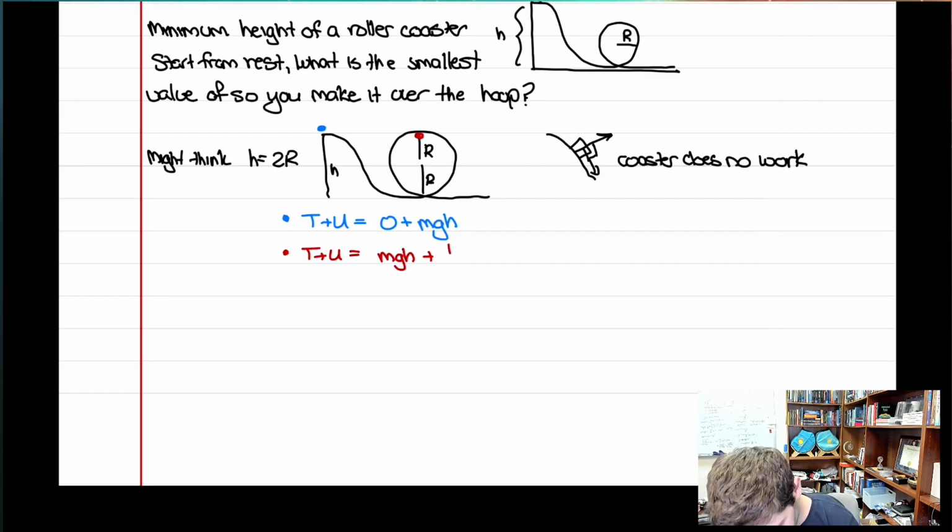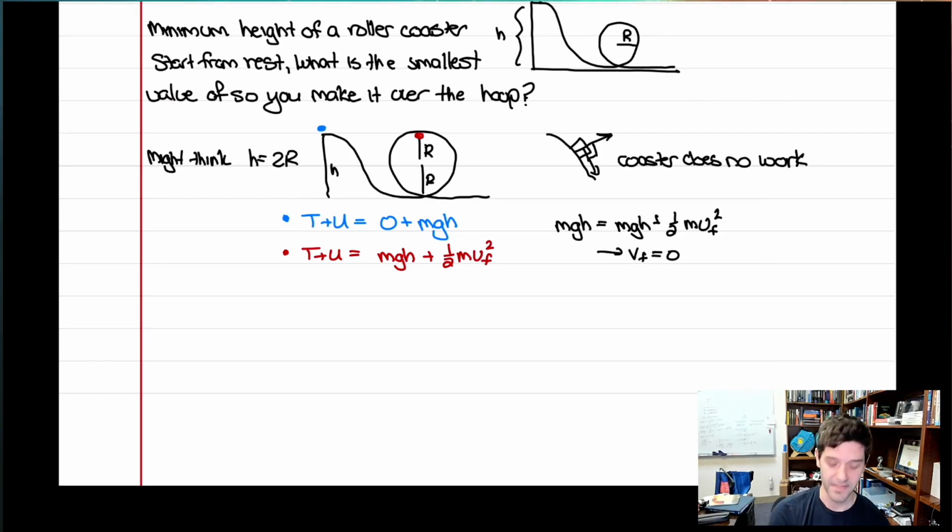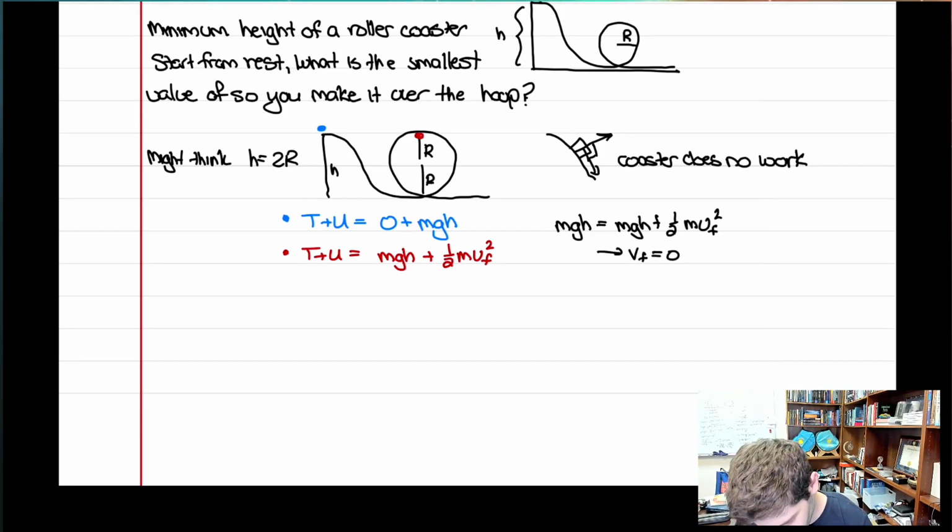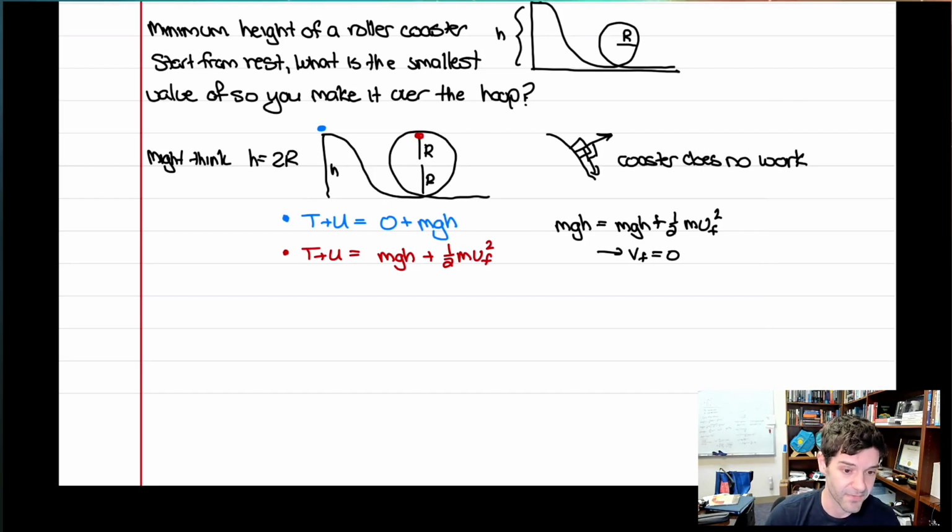Suppose it didn't, and you put 1/2 mv final squared at the top of this hoop. Then by energy conservation, it looks like mgh equals mgh plus 1/2 mv final squared. And you have to conclude then that v final better equal 0 if that's going to be true. Else you have some sort of contradiction about energy conservation.